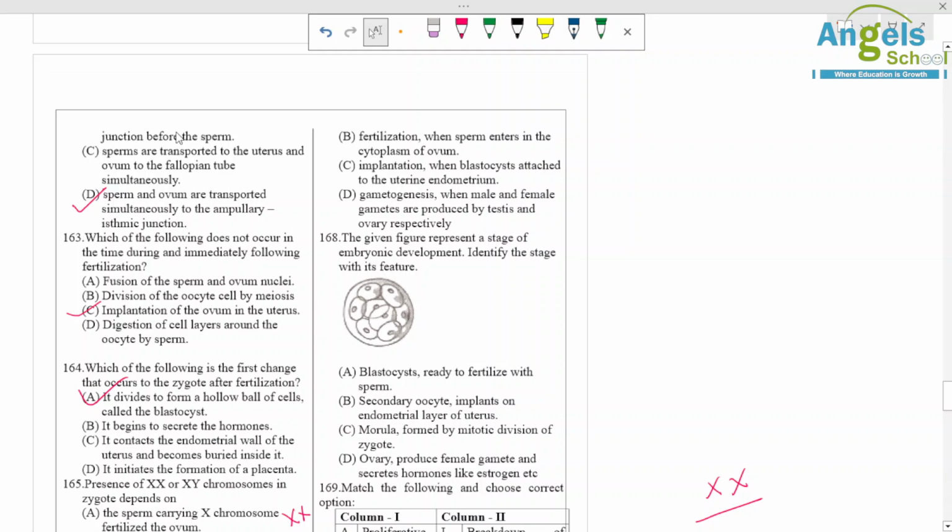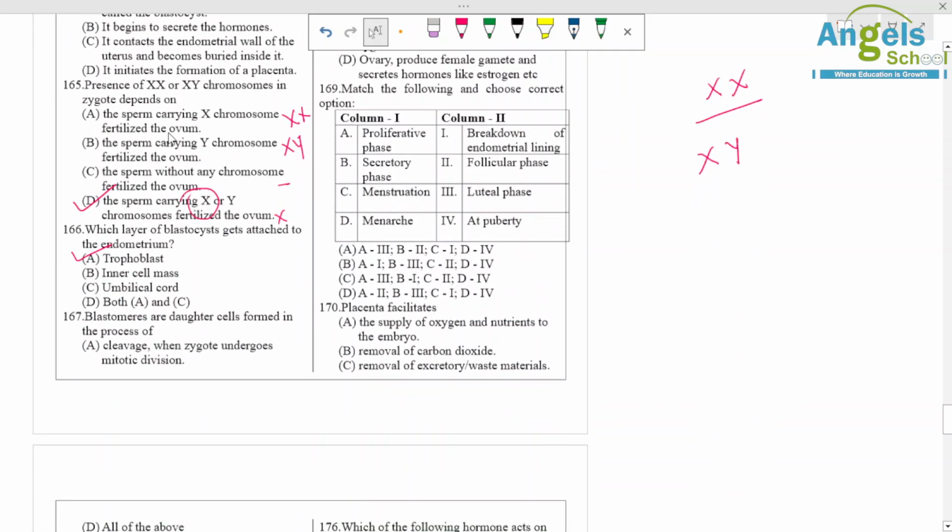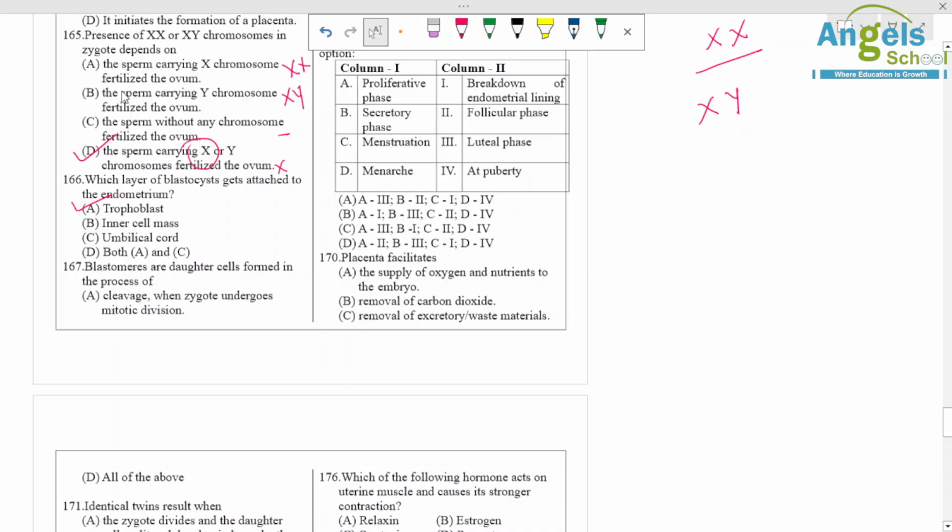Okay, so the correct option is 1. Blastomere are daughter cells that are formed by cleavage when zygote undergo a mitotic division.